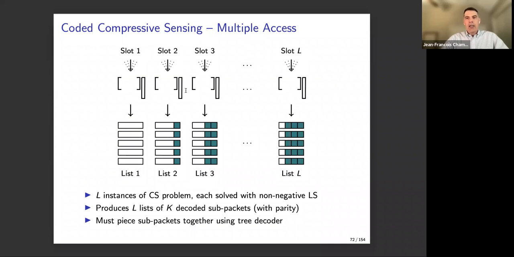And as you go down the slot count, you add more and more redundancy. So now you get L instances of a compressed sensing problem. And because they are of reasonable size, you can use something like a non-negative least square solver to solve each of them. You recover lists of K fragments per slot, and you use the outer code to stitch them together.